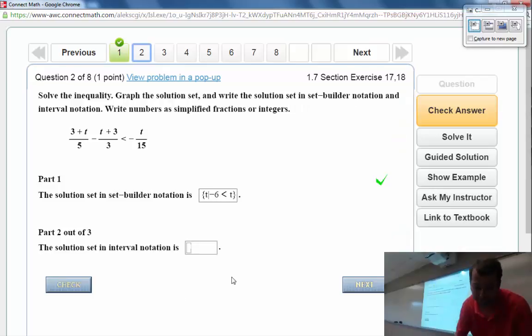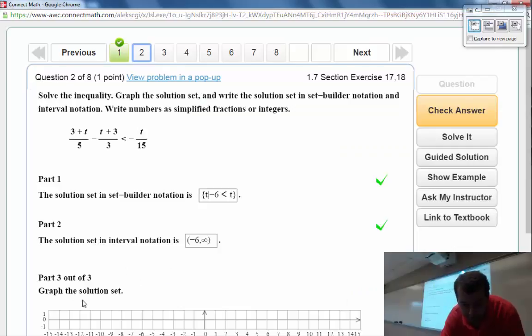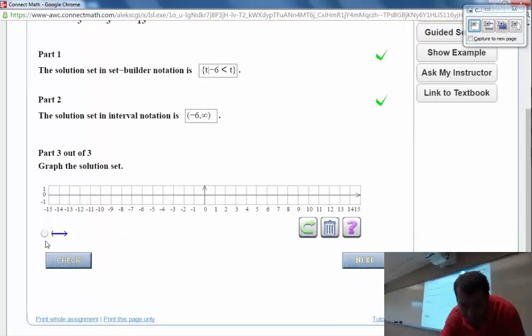Okay. 6. Come on. Infinity. Check. And alright, I messed up, so it's done. If you want to delete something, hit the reset button.